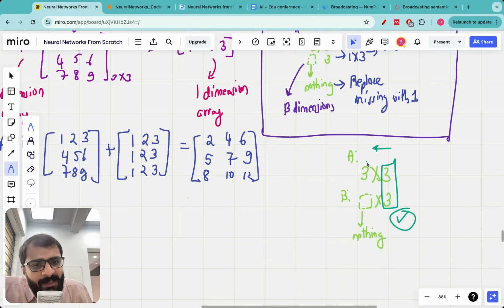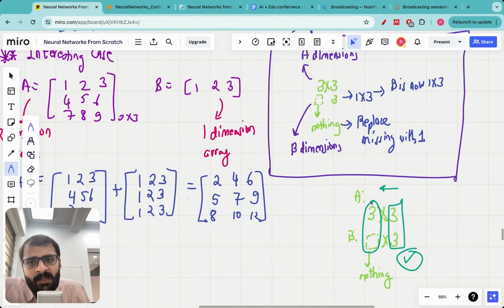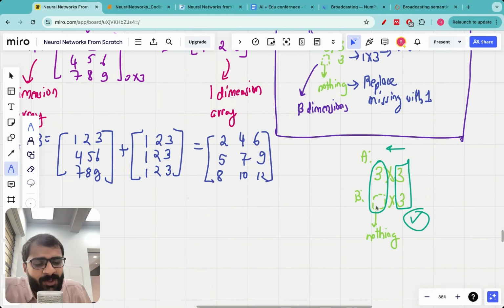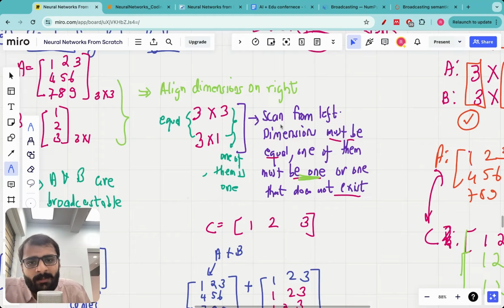In the second set of dimensions, notice that one of them does not exist. However, the broadcasting rule also has a provision for this. When we scan from the left, the dimensions must be equal, one of them must be 1, or one of them does not exist. So here this dimension does not exist, but it's fine since it is mentioned in the broadcasting rule.